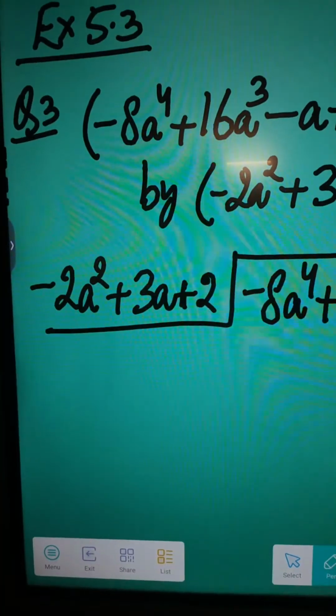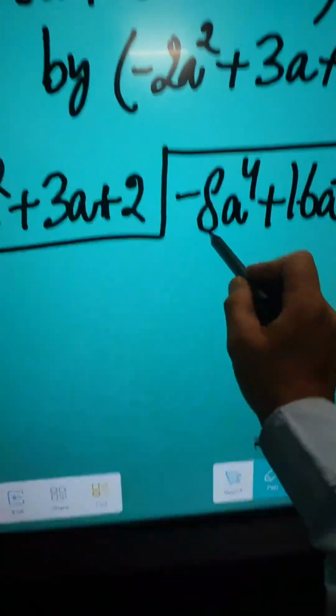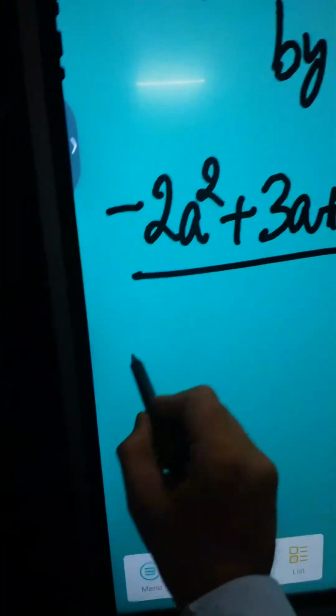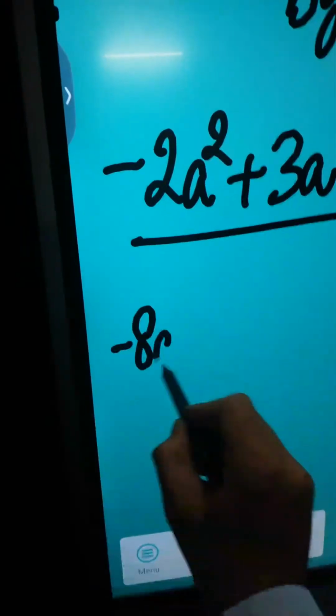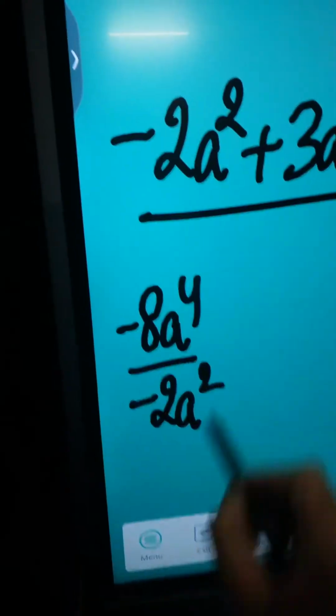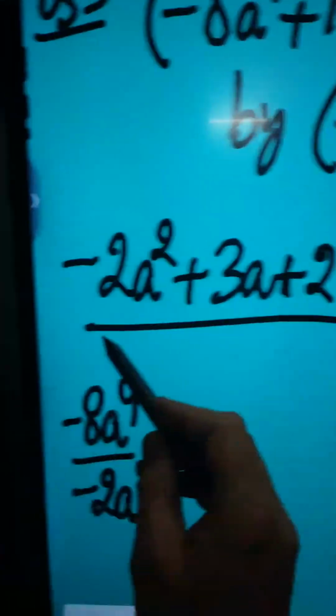So minus 2a square is dividing this number. As I told you yesterday, 8a^4 will be divided by this. You have to divide that in your mind, otherwise this is the way you do it. So first number will divide. I want to divide the first number by this.